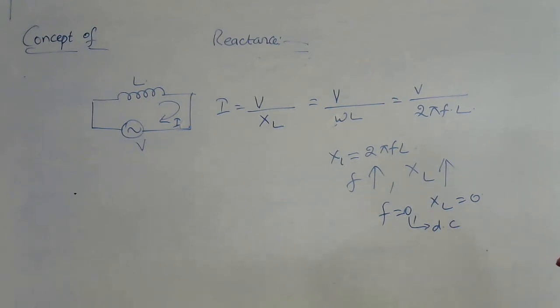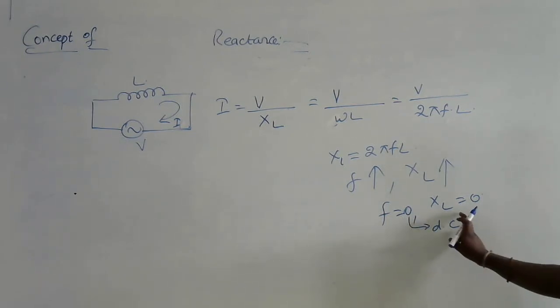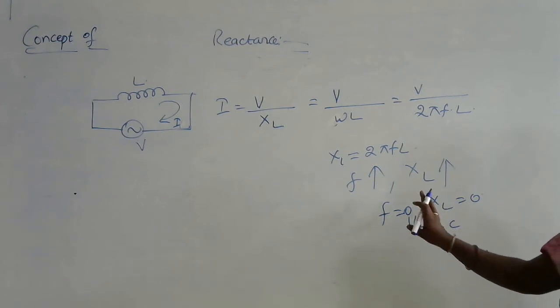So that is the reason the reactance concept will be considered only for AC but not for DC. So we can say that the inductance offers zero reactance for DC.